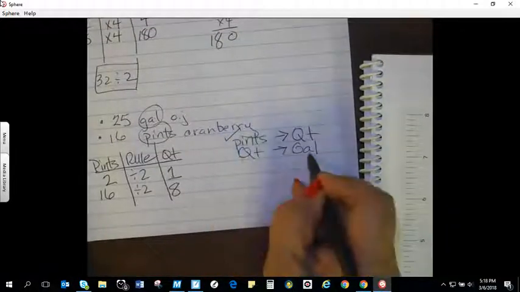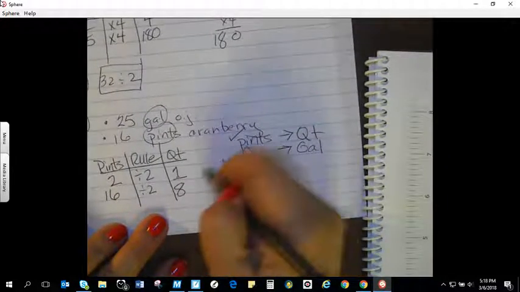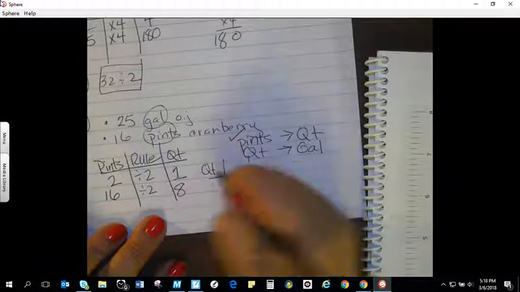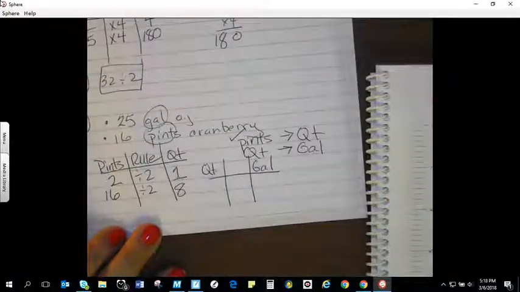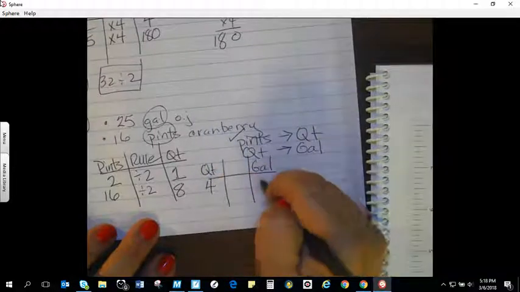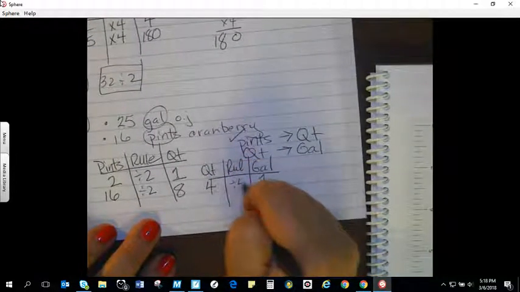Now, since I've done that, I have to go quarts to gallons. So now I'm going to make my other rule, and I'm going quarts to gallons, and I know that for every 4 quarts, it's equal to 1 gallon. Here's my rule, and I divided that by 4.